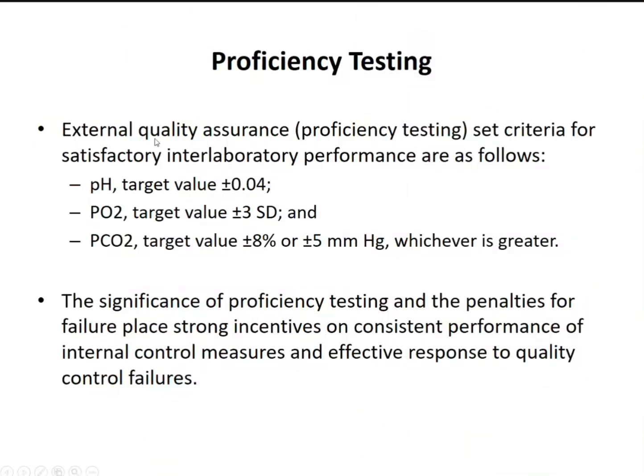There is also proficiency testing, and there are set acceptable criteria, benchmarks, which say whether your ABG machine is working well or not. So your pH should be within plus minus 0.04.